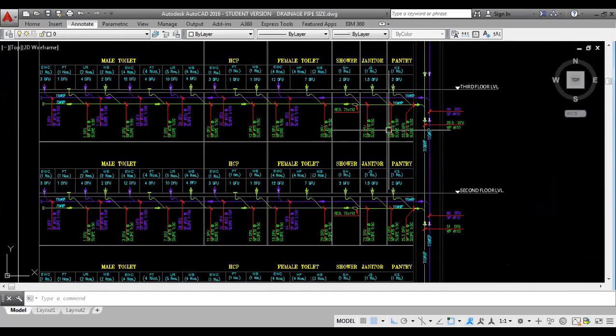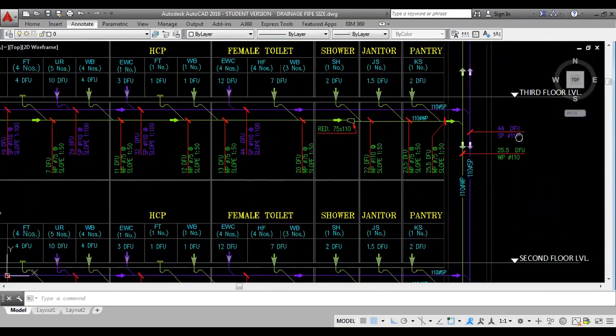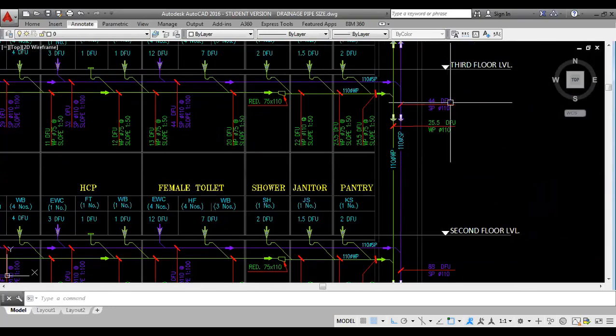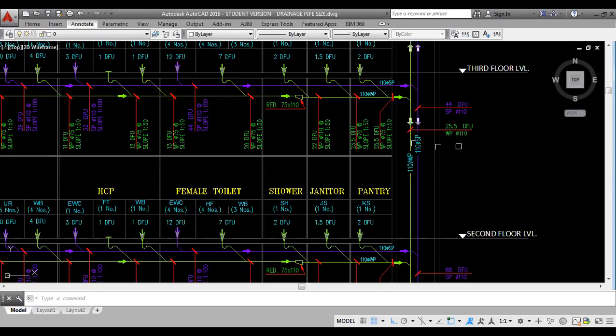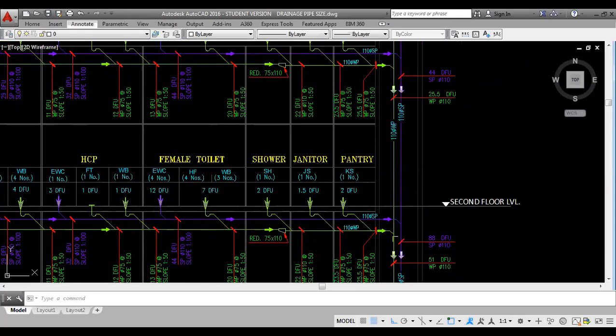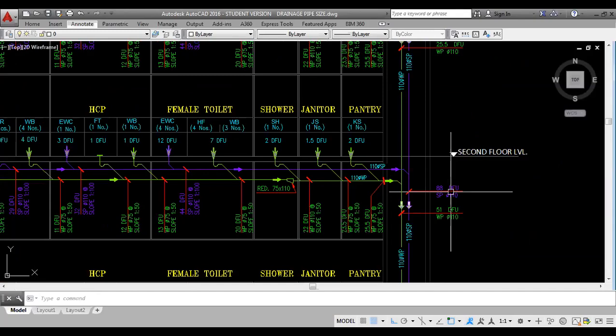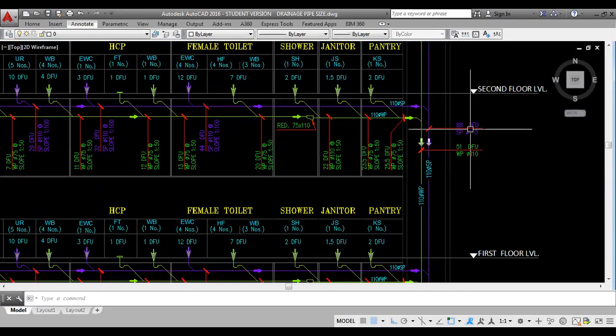So the same fixture units will come for every floor. If you take the soil pipe, 44 drainage fixture units are coming first. If you go down to the second floor level, 44 into 2, because the same thing is there also. So 44 into 2, 88 is coming.